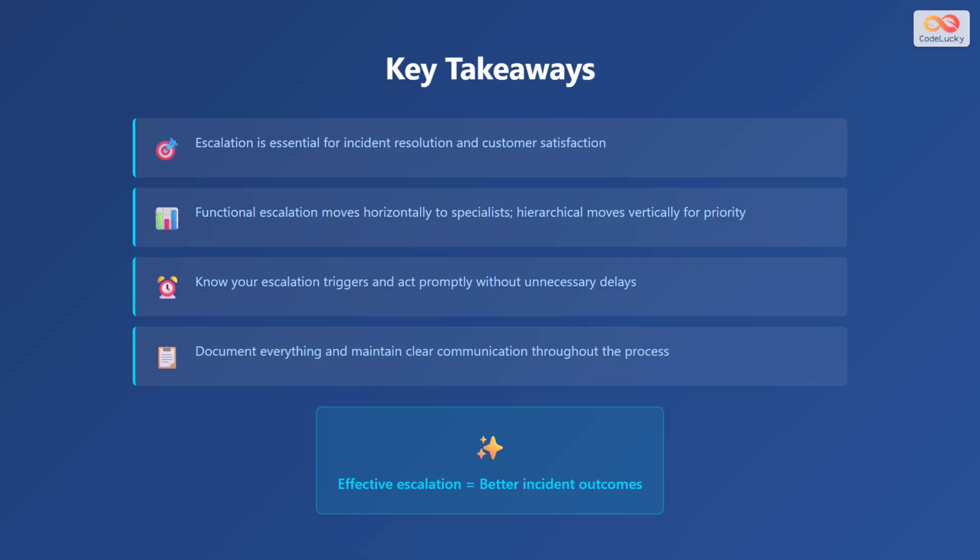Understanding when to escalate is your responsibility. Document everything and maintain clear communication throughout the process. This ensures knowledge transfer and prevents duplicate work. Effective escalation leads to better incident outcomes, faster resolutions, and improved customer satisfaction. Apply these principles in your incident management practice.